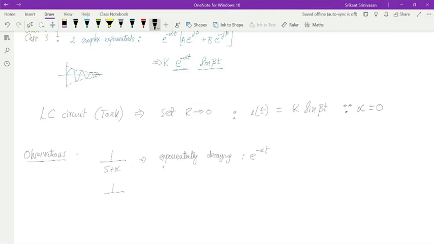If I have something like 1 by s square plus beta square, then this is like a complex function. This becomes a sinusoidal function. This is a sinusoid. Sinusoid means it can be either sine or cosine. Because in this case, it is 1 by (s plus j beta)(s minus j beta), and therefore what you will get is two exponentials of the form e power j beta t, and that will lead to some k times sine beta t.